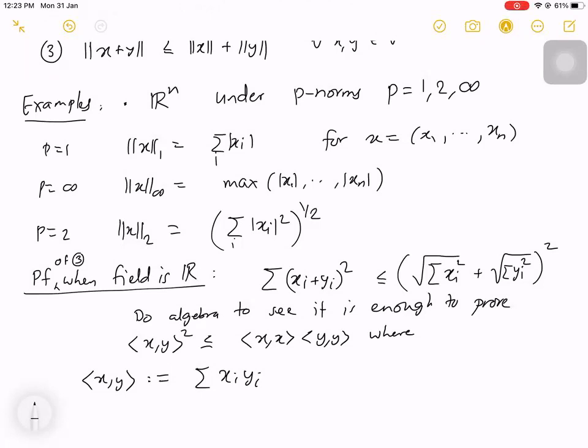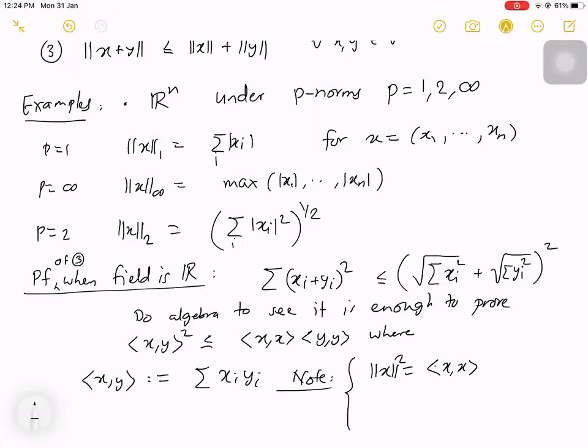So check this. Where, and so just note here that norm x the whole square is just the inner product of x with x, correct?